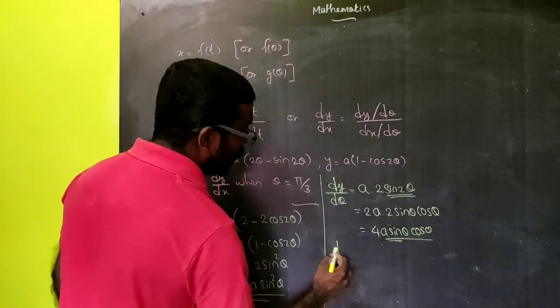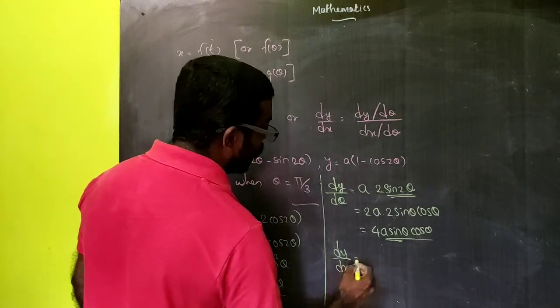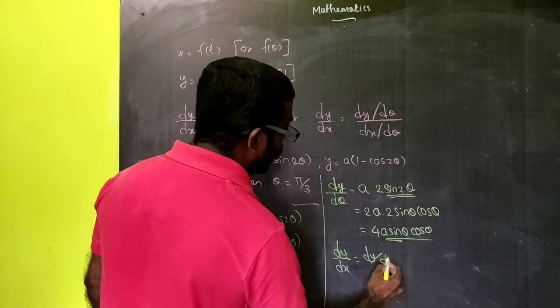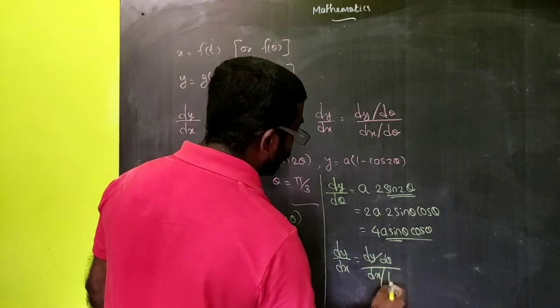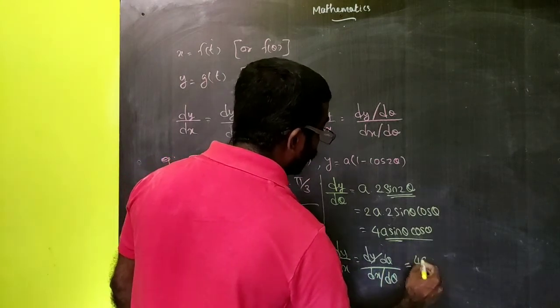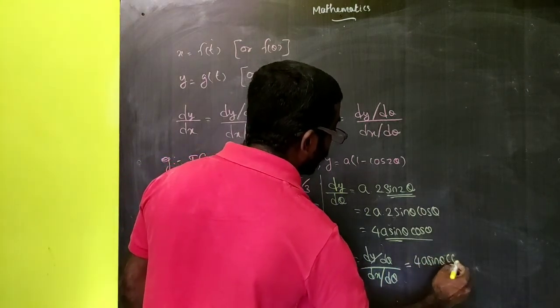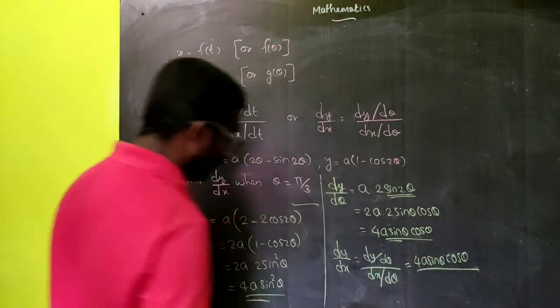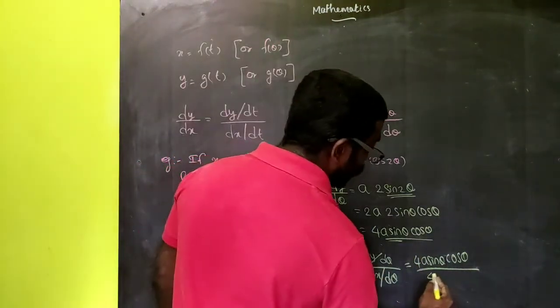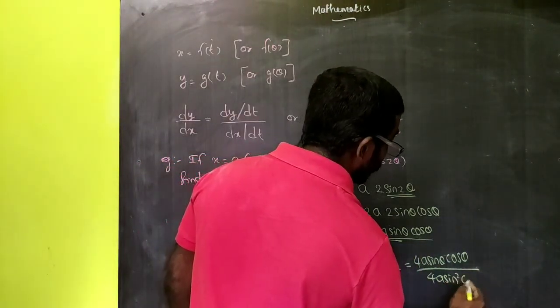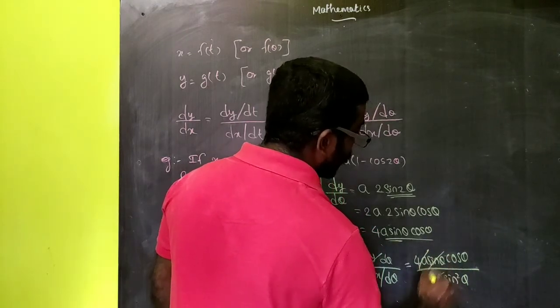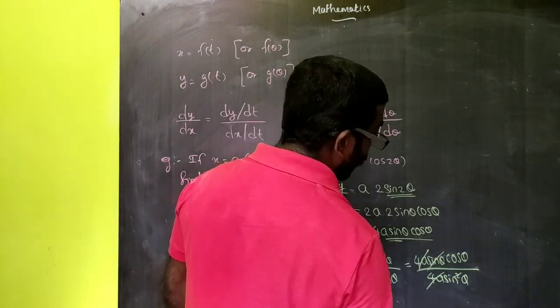Now we can apply the formula: dy by dx is equal to dy by d theta divided by dx by d theta, which is equal to 4a sin theta cos theta divided by 4a sin square theta. 4a we can cancel, and one sin theta we can cancel.